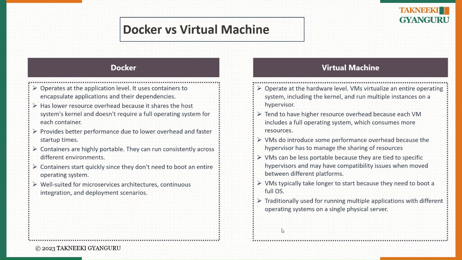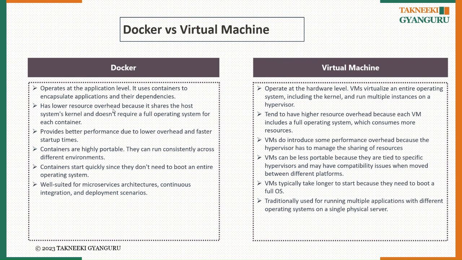Docker has lower resource overhead, right? So we can create our container using very low resources, like we can say one container should have 0.5 core CPU, or 256 or 512 MB memory RAM, right?